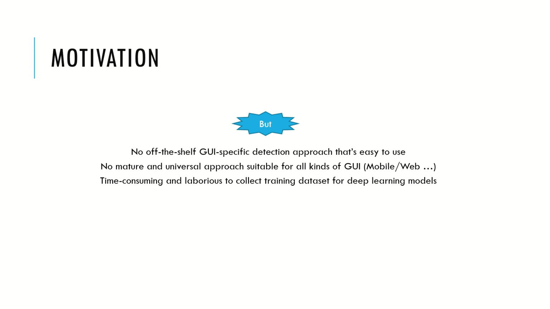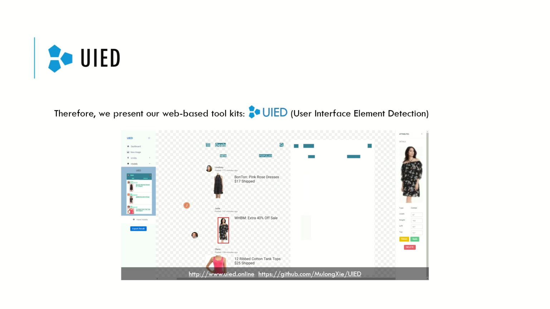Second, there is no mature and universal approach suitable for all kinds of GUIs, such as mobile and web. Finally, for those who attempt to apply deep learning models to the problem, it's quite time-consuming and laborious to collect training dataset for training models, and it's also hard to be universal.